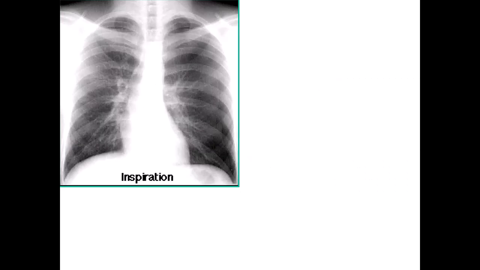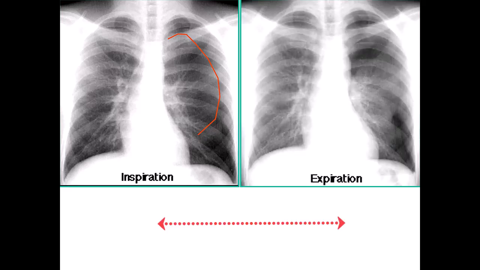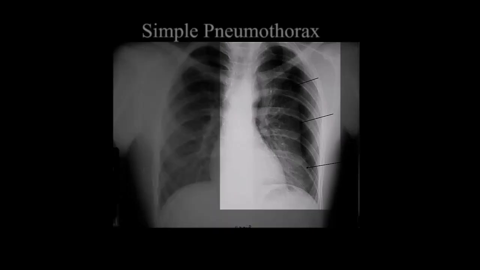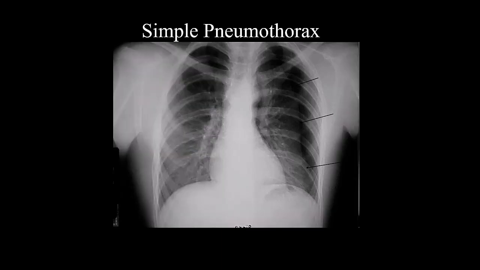When evaluating a patient for a pneumothorax, we want to take an inspiration film and an expiration film to better identify the area of lung markings. It provides more contrast. This image shows a lack of lung markings and a clearly defined simple pneumothorax.